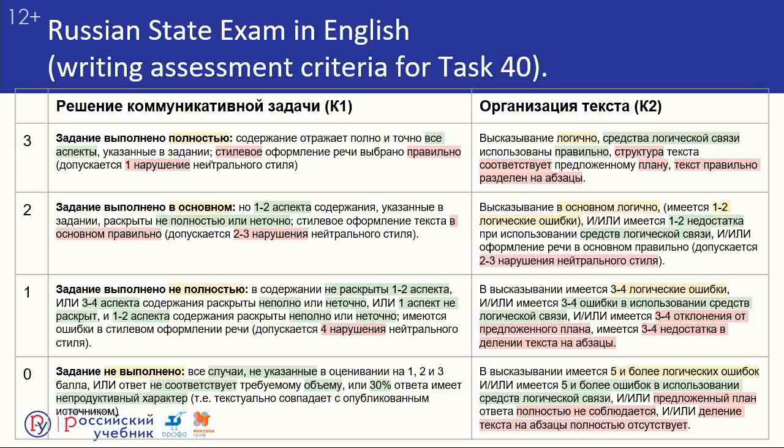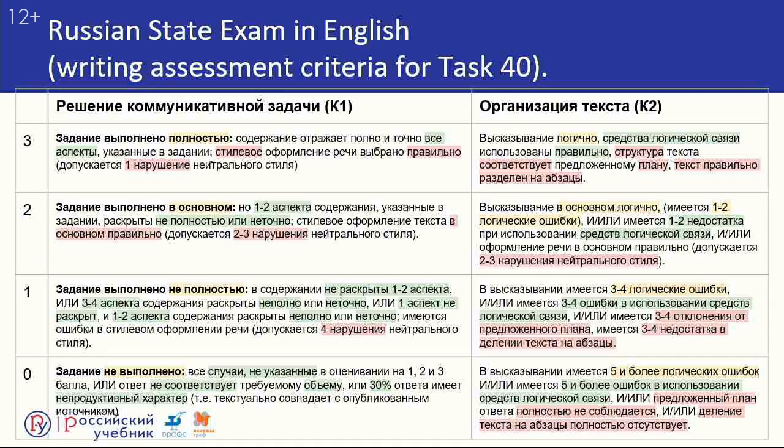As for the text organization, we are focusing here on how logical this piece of writing is. So if it's logical, логично, we give 3. If it's generally logical, we give 2, right? So that's why в основном is a keyword in this case.